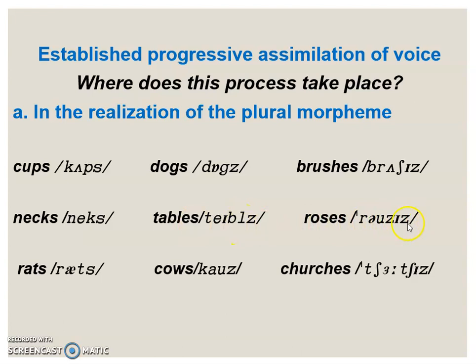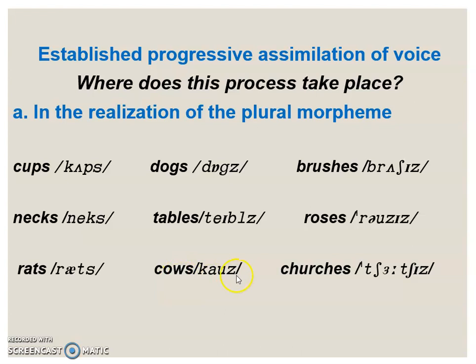Roses, rose, roses. Here the plural morpheme is realized as an extra syllable iz because the previous sound is a sibilant. Rat, rats. Let's repeat. It's a case of established progressive assimilation of voice in the realization of the plural morpheme, which is realized as a voiceless sound because the previous sound is a voiceless, non-sibilant sound.